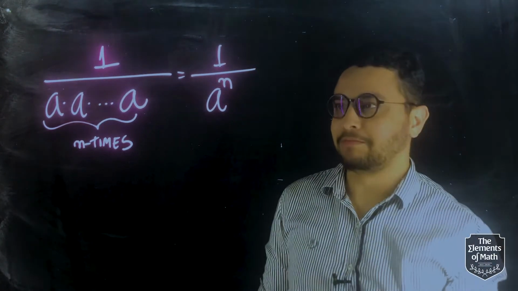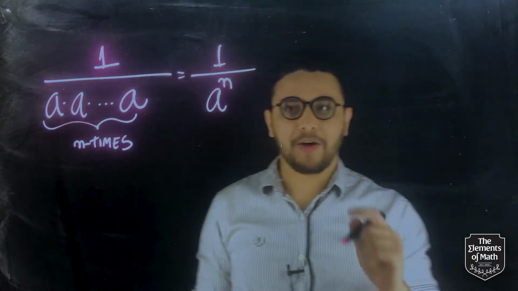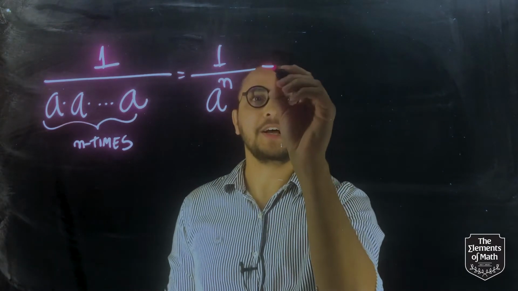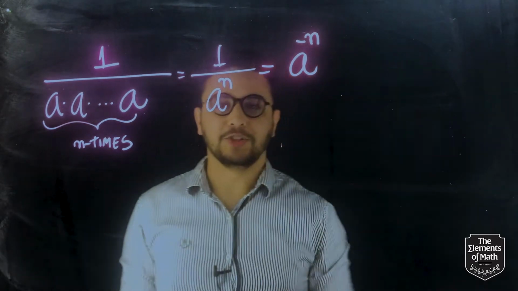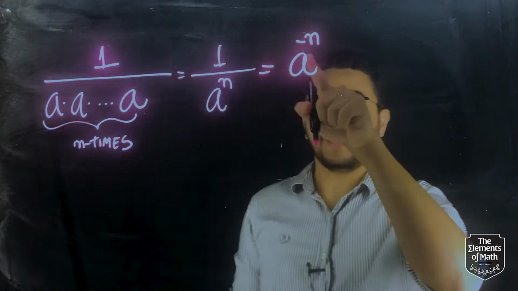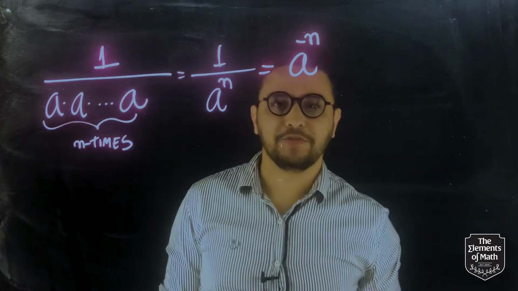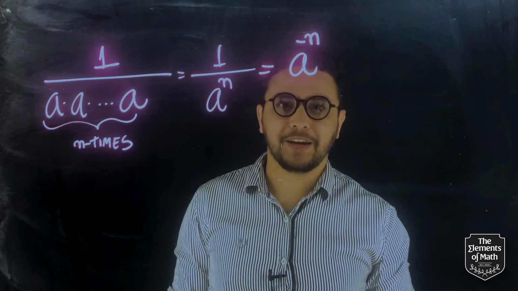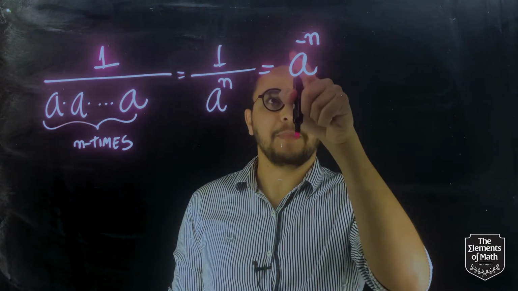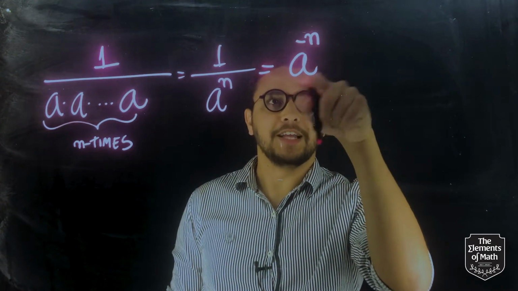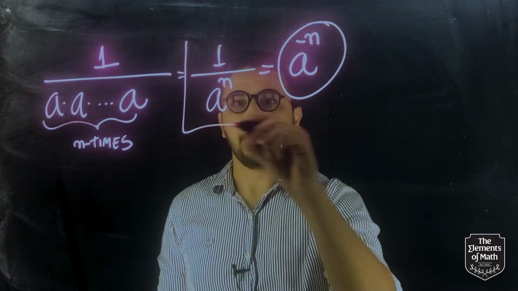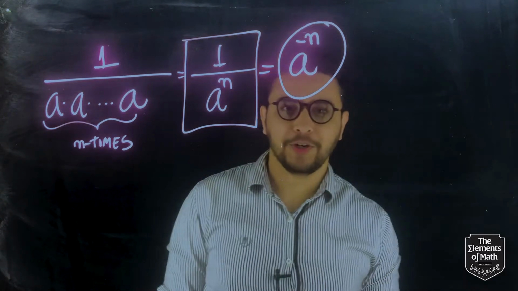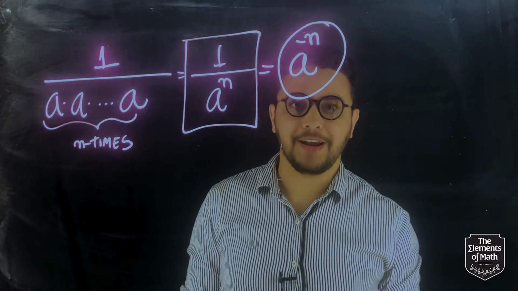That's 1 over a to the power n. But now I'm going to define situations like that as a to the power minus n. And this minus in front doesn't represent a negative number. It's just going to make us look at this object exactly like that: 1 over a to the power n.